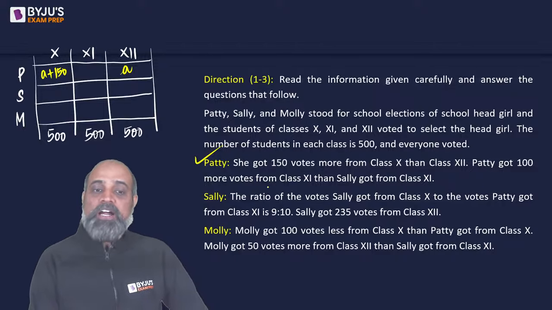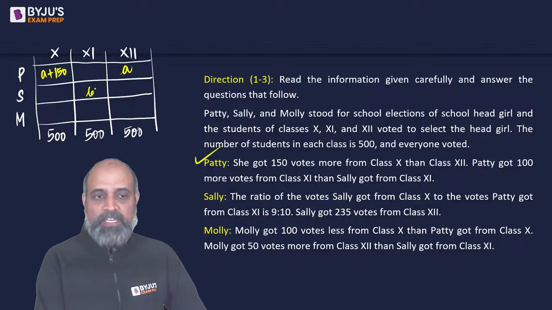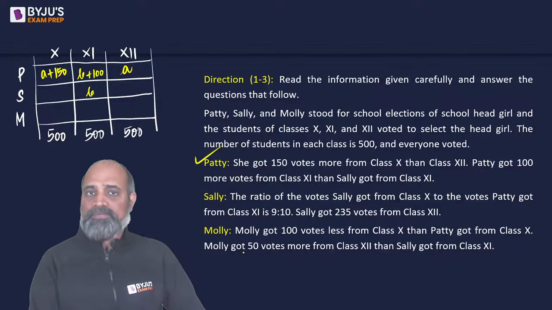Now, Patty got 100 more votes from class 11th than Sally got from class 11. So if Sally gets B here, then Patty gets B plus 100. Now let's go to Sally.